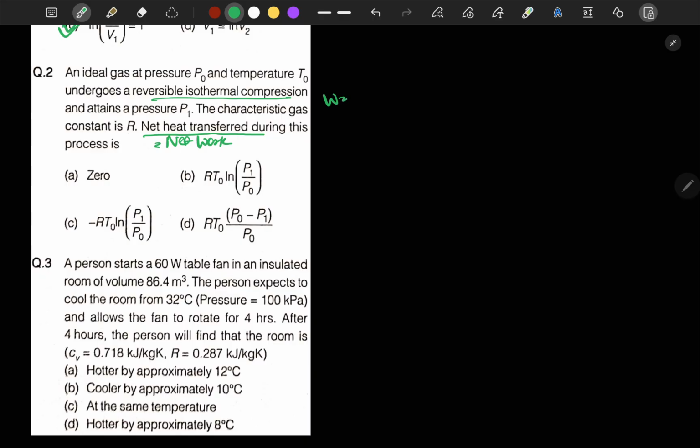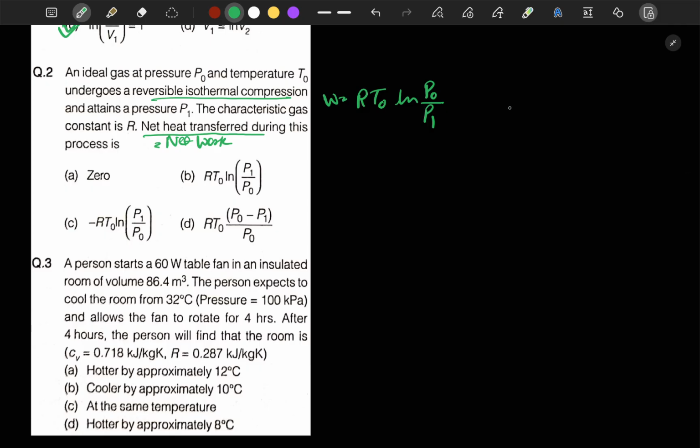So work done is equal to RT0 ln of P0 upon P1, where the initial pressure is P0 and P1 is the final pressure. This is the equation of work for an isothermal process.